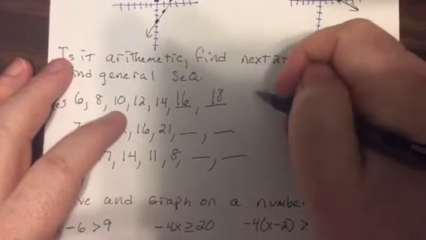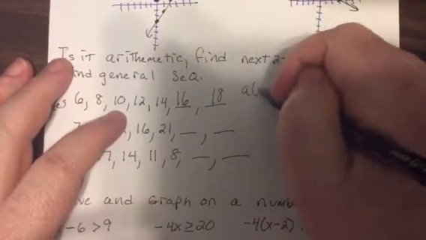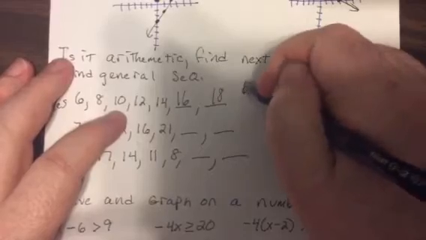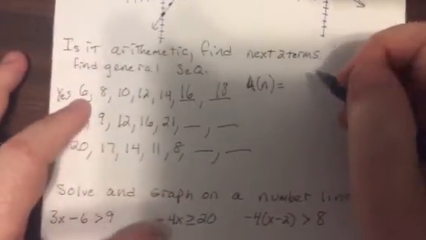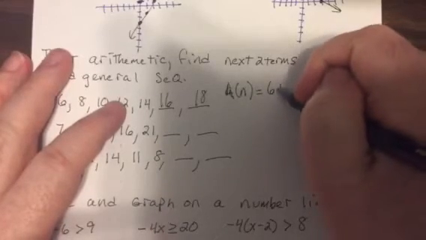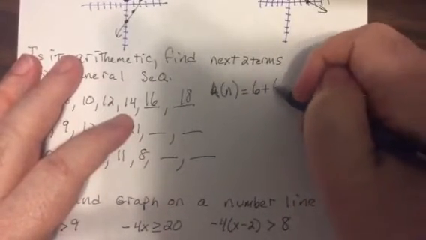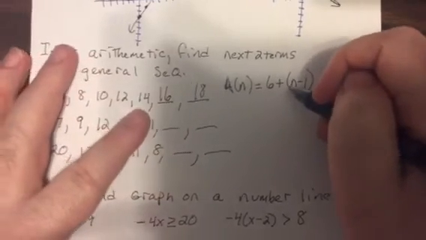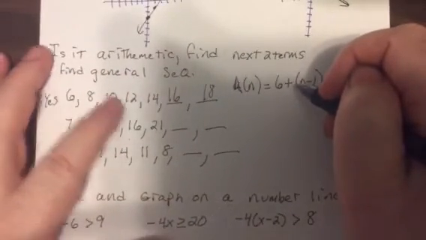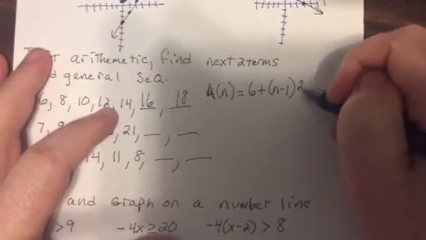Now remember how to find the general one. A sub n, or we could use capital letters, A n, equals the starting value, which is 6, plus n minus 1 times d, which is the change in value. We're adding 2 each time.